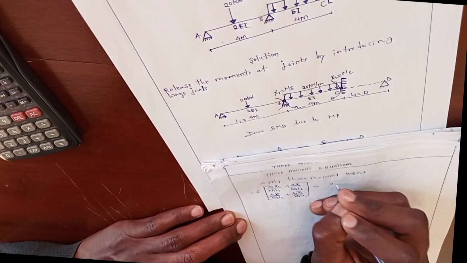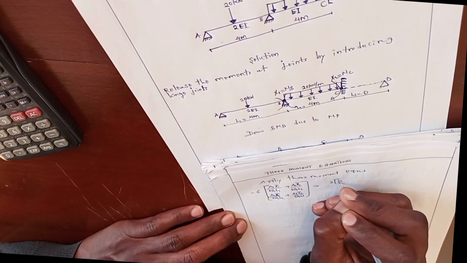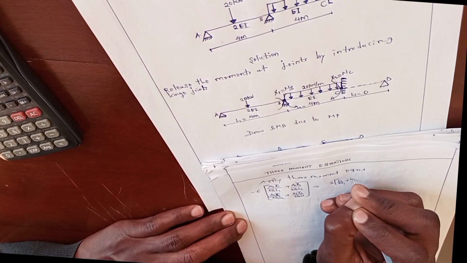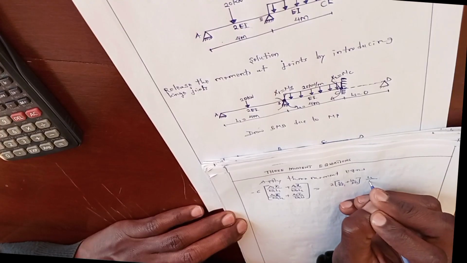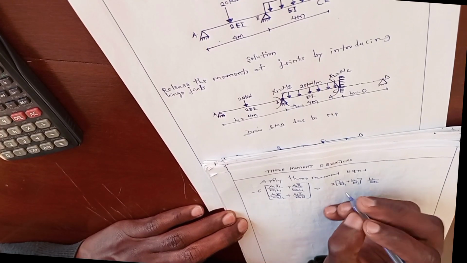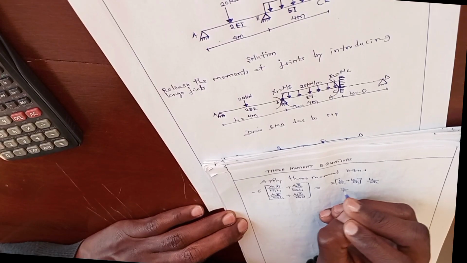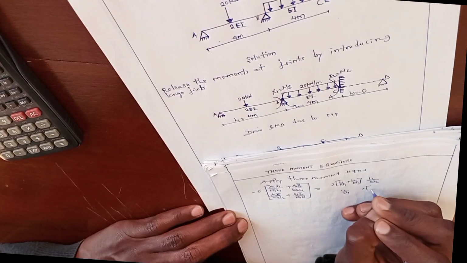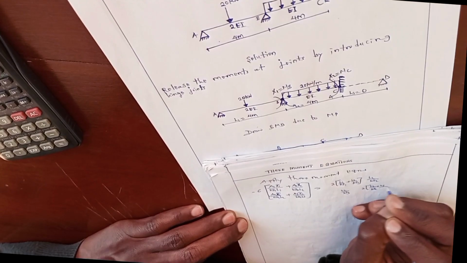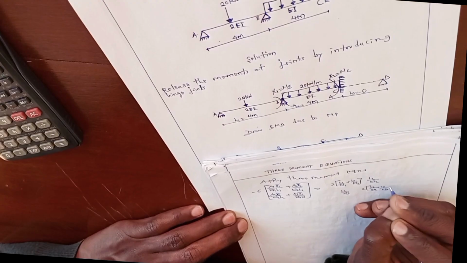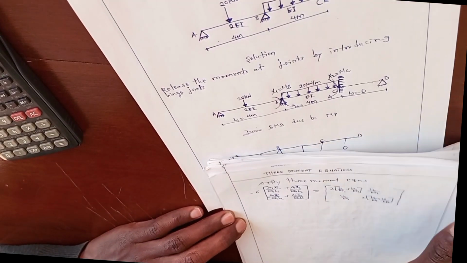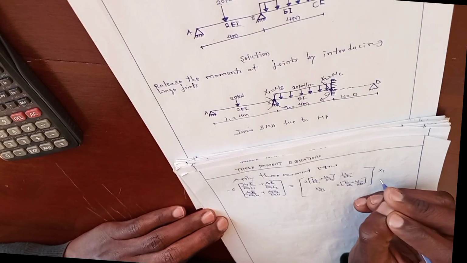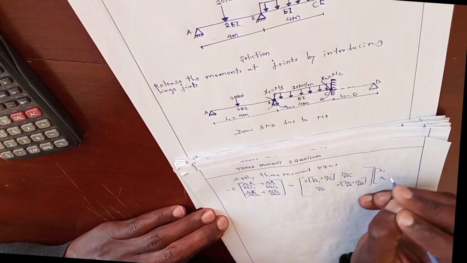It will be equal to 2 L1 over EI1 plus L2 over EI2, and 2 L2 over EI2 plus L3 over EI3, times these unknown moments x1, x2.